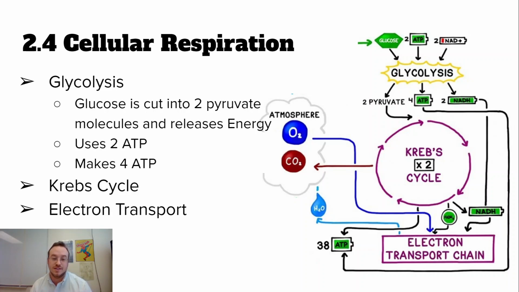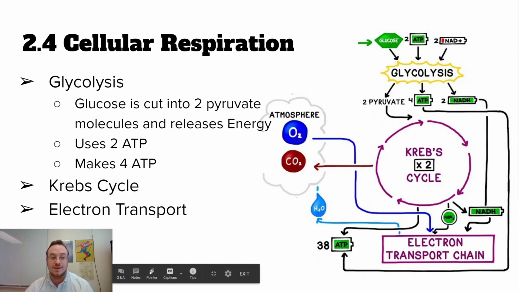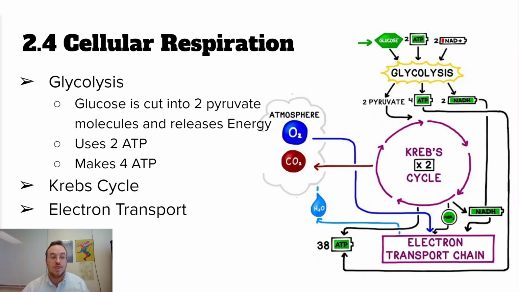So there's a little bit of difference here. So this is net versus gross. So net is your profit, right? It's how much total you get after everything's taken care of. And so we're starting this whole thing with 2 ATP, and we are going to end with 36 ATP. All right.